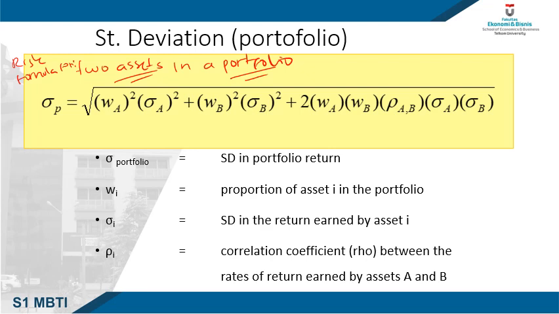Again, this is the weight, and this is the risk of the single asset A. So you have to calculate the risk of A, like what I explained previously, plus WB squared times sigma B squared, plus 2 times WA times WB times the correlation of A and B times sigma A times sigma B.